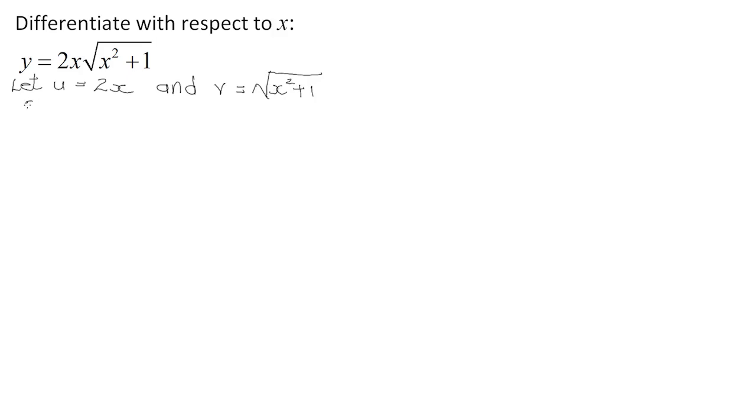Obviously, the first one is fine, du/dx is equal to 2, because the derivative of 2x is 2. But this one, I cannot find dv/dx if I don't write that in standard form. x squared plus 1 to the power a half.